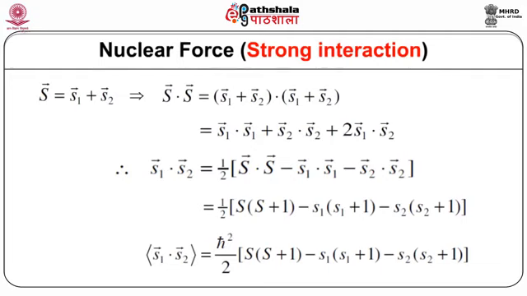Here some calculations have been shown: S is equal to S1 plus S2. It implies that S dot S is equal to (S1 plus S2) dot (S1 plus S2), which upon simplification yields the S1 dot S2 expectation value equal to H bar squared by 2 times [S(S+1) minus s1(s1+1) minus s2(s2+1)].